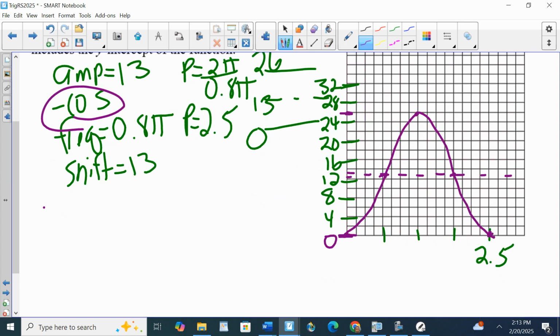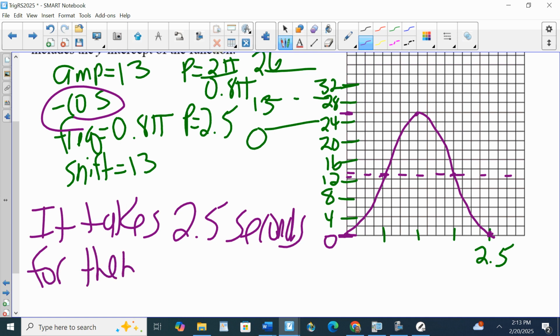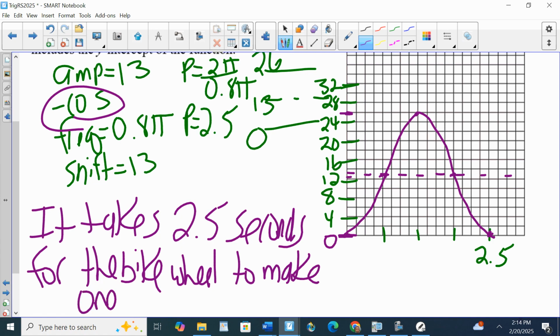So it takes 2.5 seconds for the bike wheel to make one full rotation.